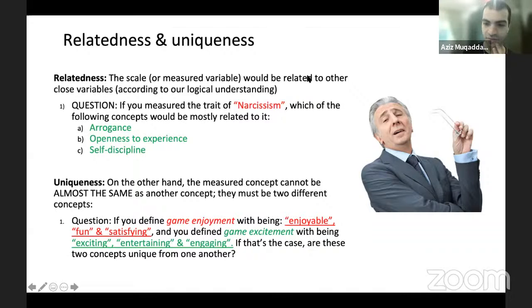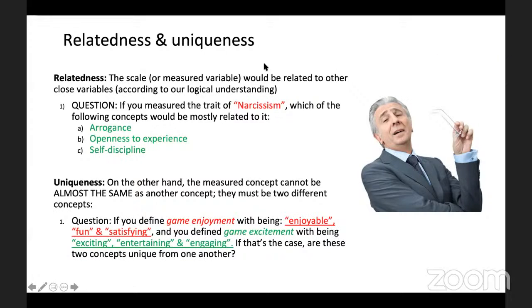A, B, or C? Arrogance. Yes, sir. Arrogance, right? So things like arrogance, maybe boasting. Well, boasting is one aspect of it, but yeah, you would say arrogance and narcissism are related. Sarah, may I ask you a question? Why don't you think narcissism should be related to openness to experience? I think when I think of narcissism, I think of somebody who thinks very highly of themselves, like the world revolves around them.